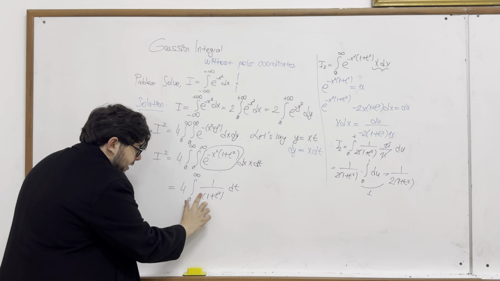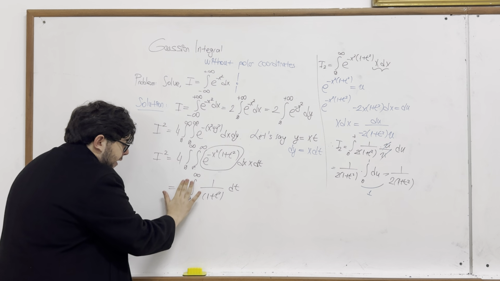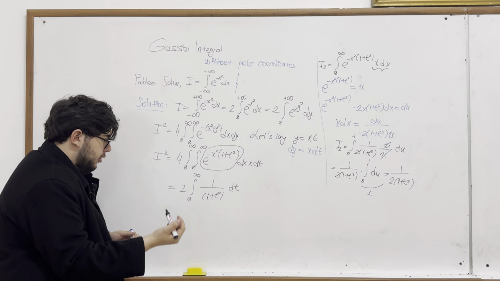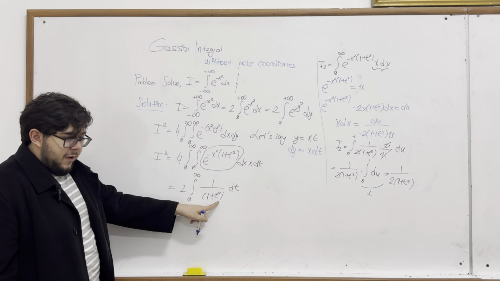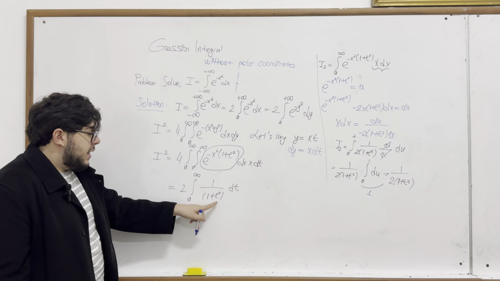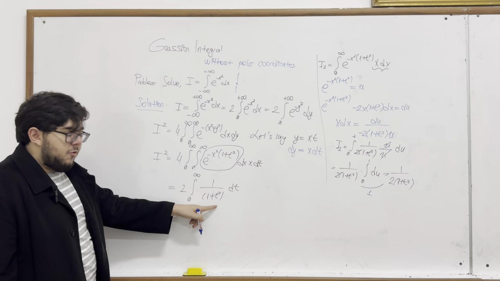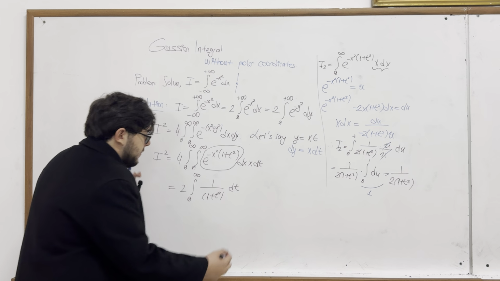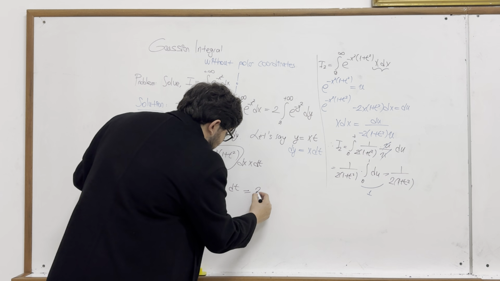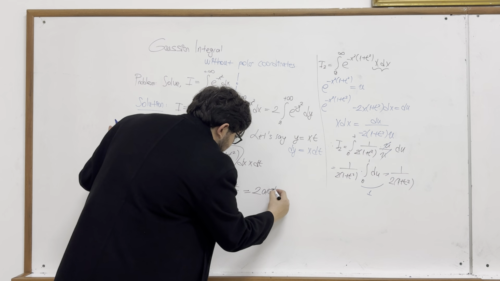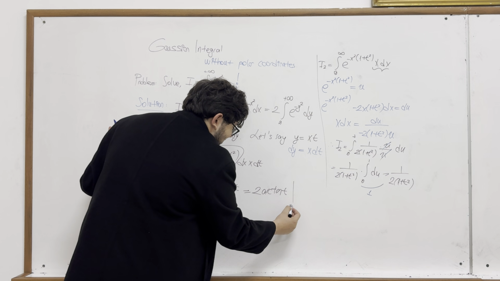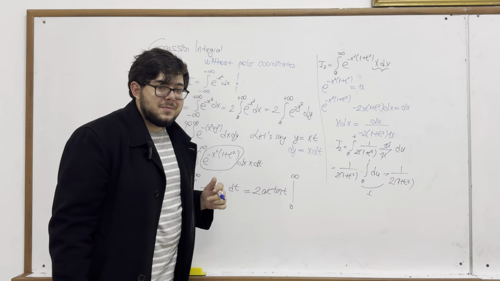I will erase this 2 and I will make this 4 a 2. Okay, good. Does it look familiar? Yes, it is. This integral is a very famous integral which is arctangent t. Okay, so this integral has a solution which is arctan t from 0 to infinity.